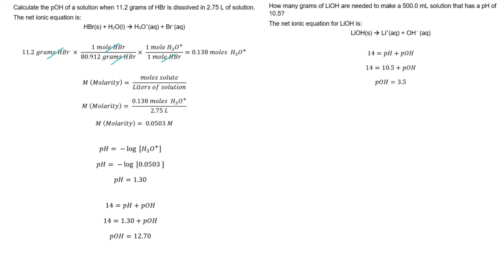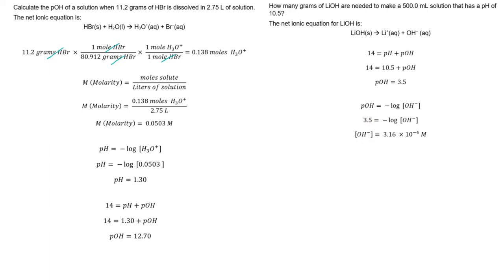How can I use that pOH to help me find my grams of lithium hydroxide? Well, I can connect pOH to concentration of hydroxide. If I can get concentration of hydroxide, I can convert back to lithium hydroxide. Here is my equation to get back to concentration of hydroxide. Plugging in my value for pOH, I get a hydroxide concentration of 3.16 times 10 to the negative fourth.